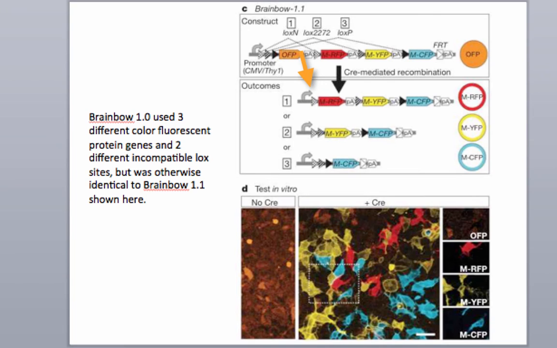If recombination 2 happens, then orange and the red fluorescent protein gene is deleted, and recombination 3 leads to deletion of orange, red, and yellow fluorescent protein genes. And so depending upon which of these 3 different recombinations happen, either the red or the yellow or the blue fluorescent protein gene is brought closest to the promoter, and you end up getting cells that are red, yellow, or blue. And so you end up with a mixture of 4 different color fluorescent protein being produced and 4 different color cells.